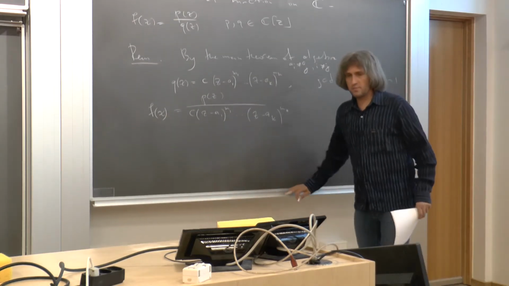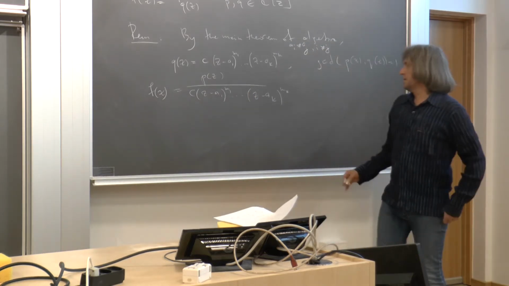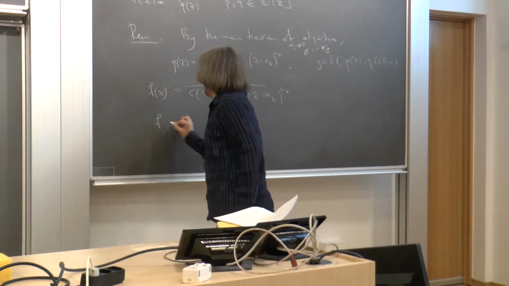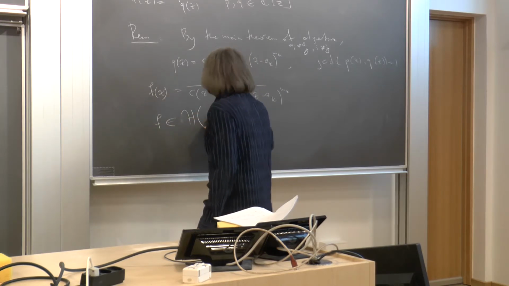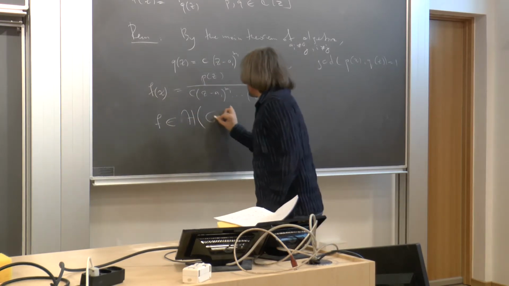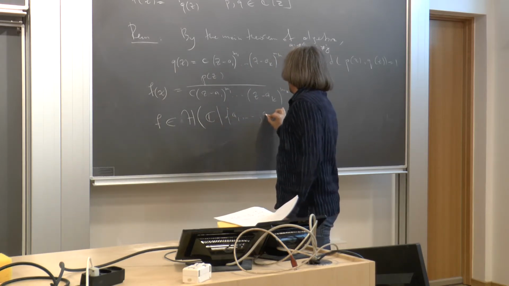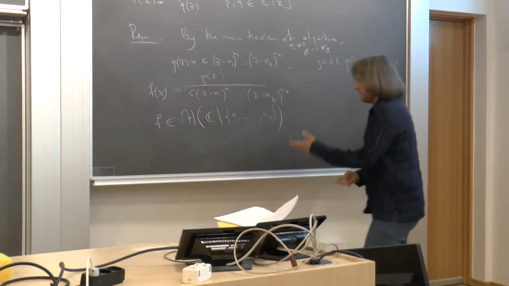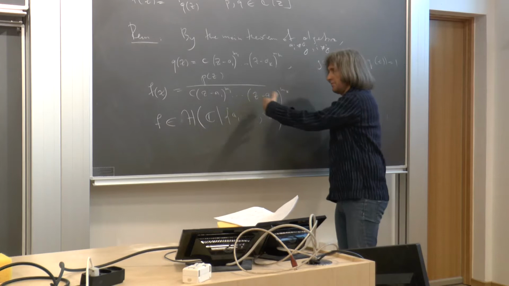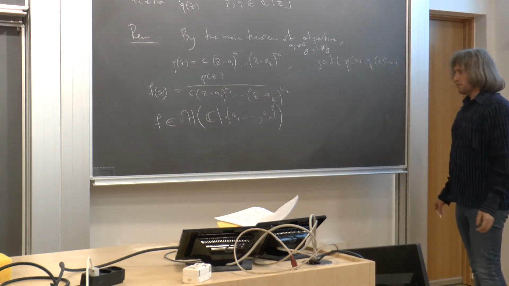So, looking at this expression, we see that f is holomorphic outside these points. Obviously, because when you throw away these points, the denominator becomes invertible.